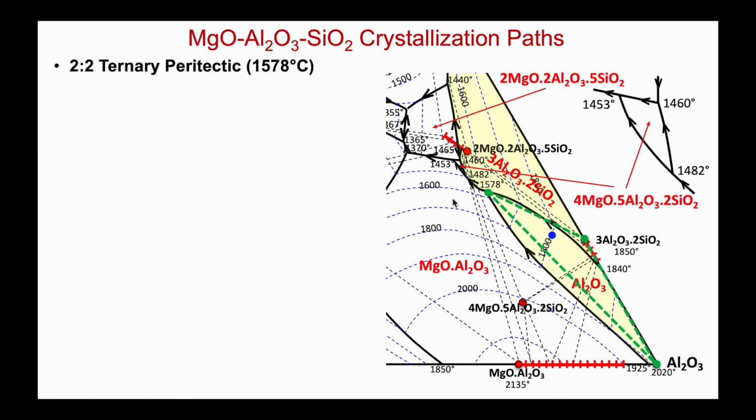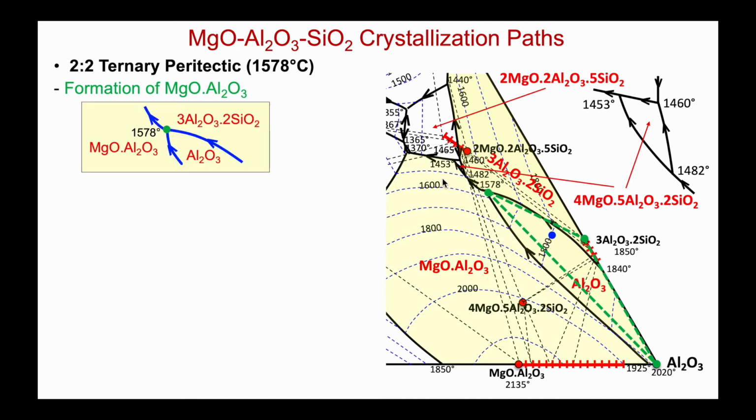So again, this is our 1578 ternary peritectic, where we first form MgO·Al2O3 solid. That's the primary phase field on the other side of this peritectic. And just as I did before, I've pulled that invariant reaction out so we can identify it again. So it's liquid plus the phase between the two valleys going in, Al2O3, in equilibrium with the two either side of it as shown. Now we'll use the trapezium, the trapezoid construction.